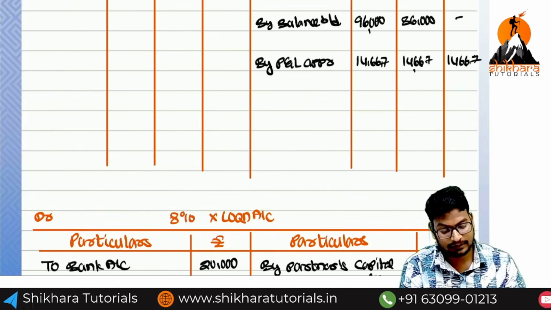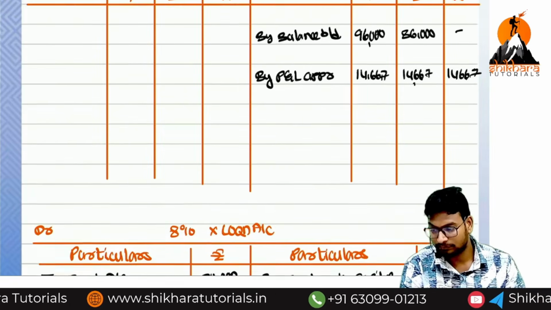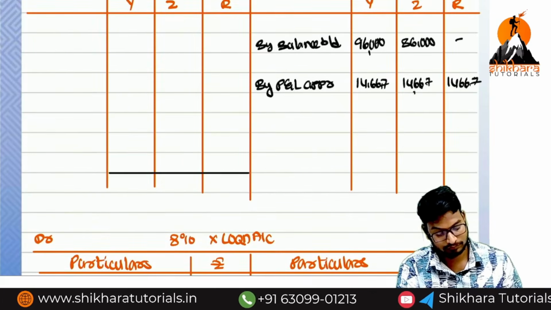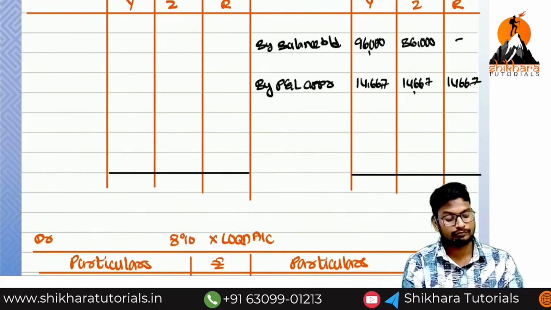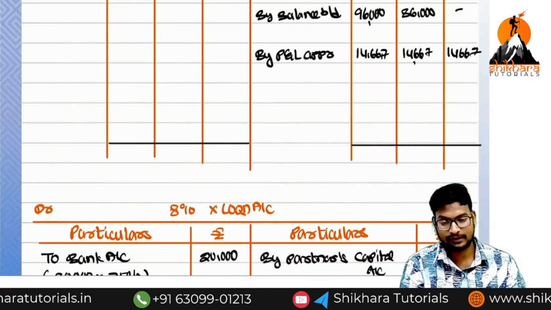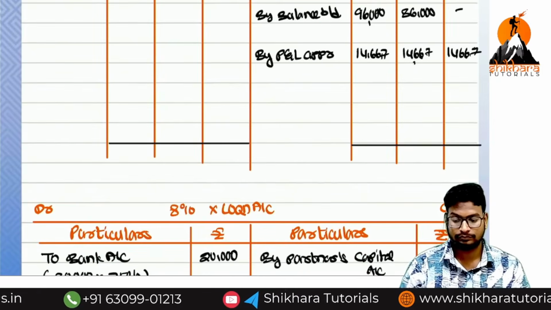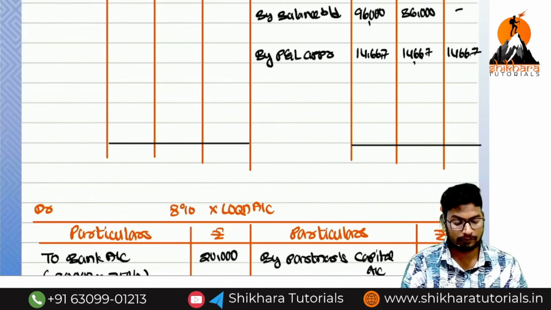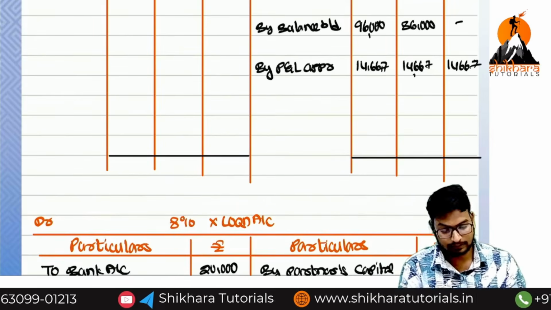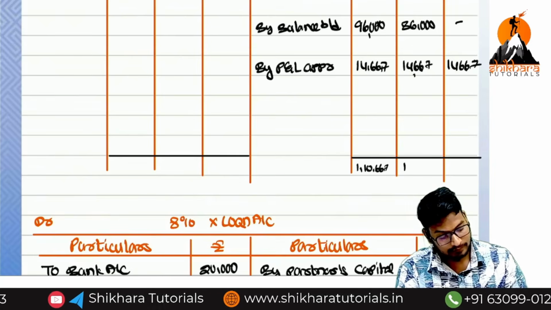Whatever balances we are getting: 1,10,067, 1,37, 1,67,14,037.